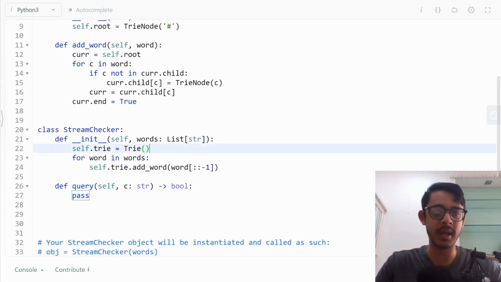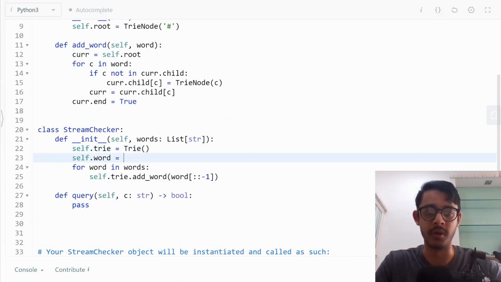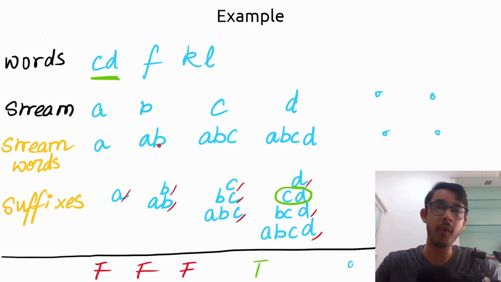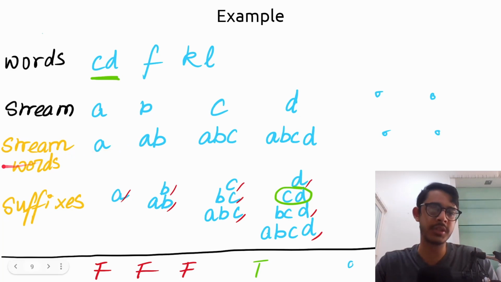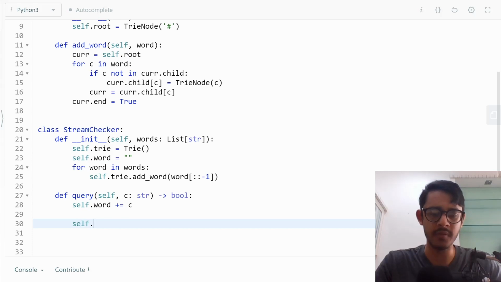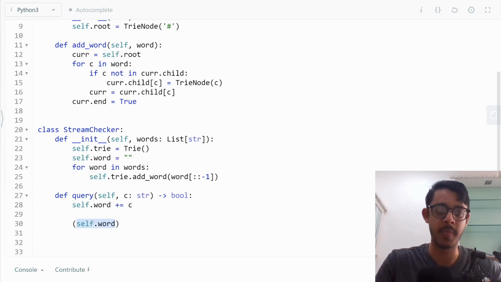So we'll actually go ahead and create a self.word, which is going to be the stream word. And every time we see a character, I'm going to add it to the word. Simple. All right, now what? Why did we form the stream words in the first place? It was so that we could iterate over the suffixes of this word. So we're going to look at the suffixes of self.word.